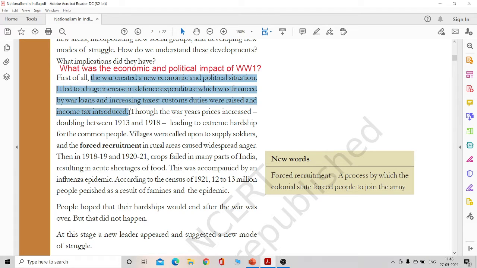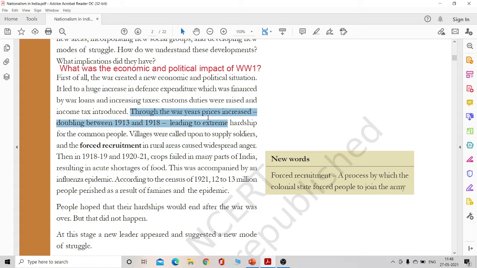So, it impoverished them further. Right through the war years, prices of course increased. We know that the First World War started in 1914 and ended in 1918, so it's a four-year war duration.